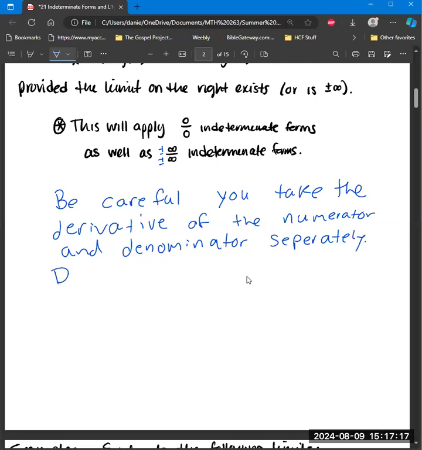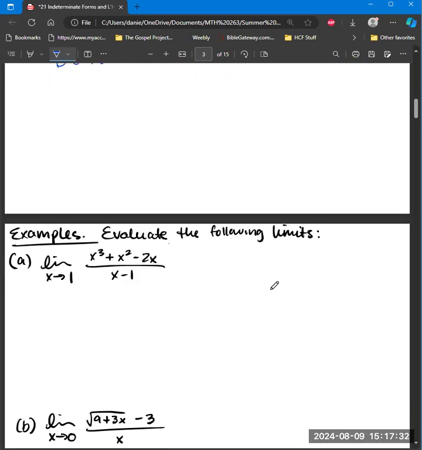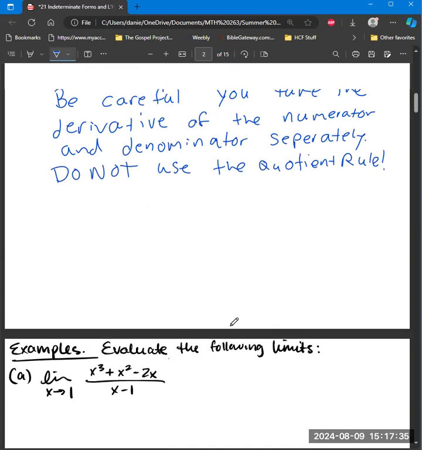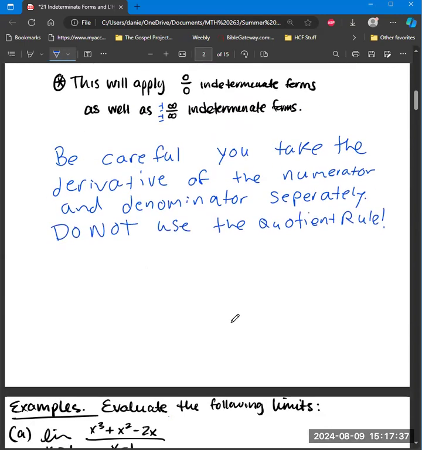Do not use the quotient rule. Can't say that enough. That's one of the reasons why we usually don't talk about this in Calc 1, because we want you to focus on the quotient rule.